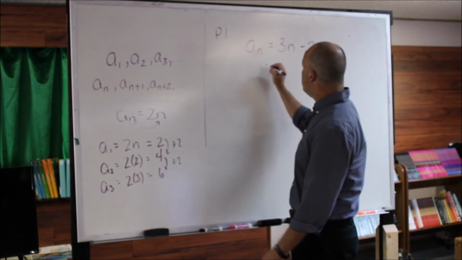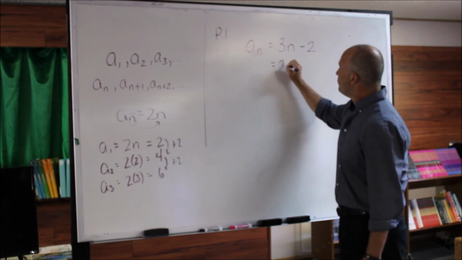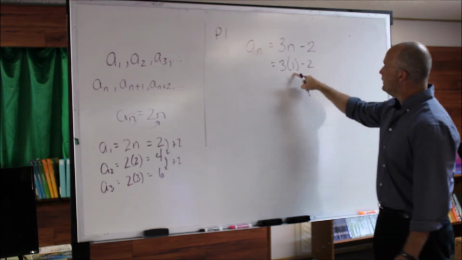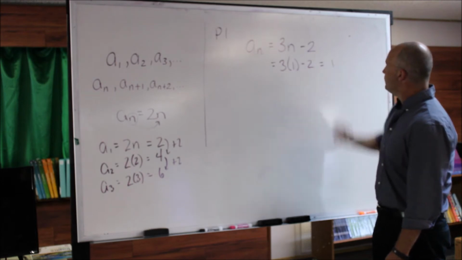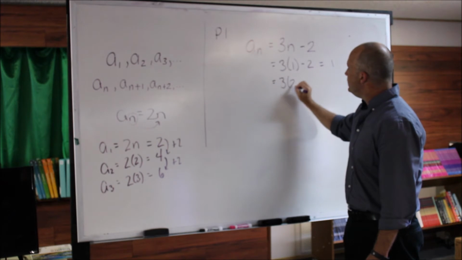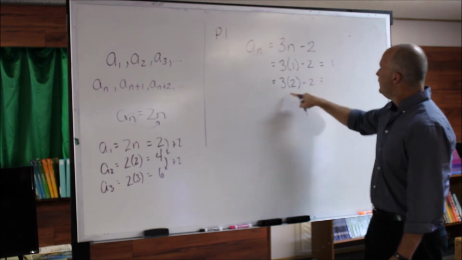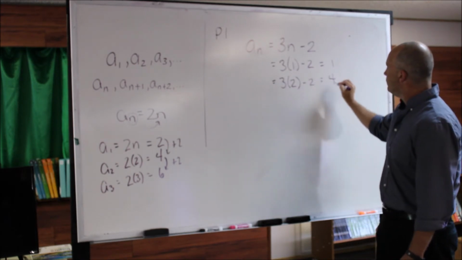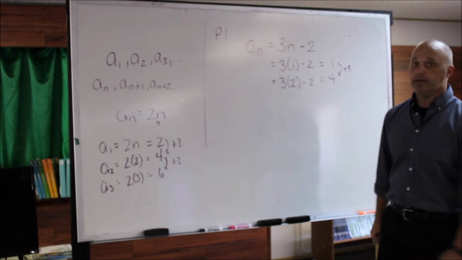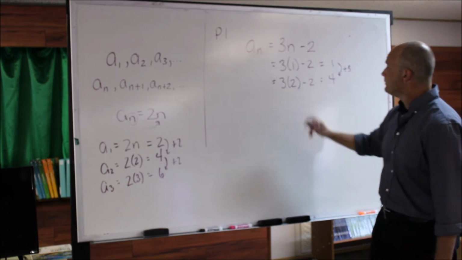So if we do a sub 1, we're going to replace this n with 1. So 3 times 1 is 3, minus 2 is equal to 1. Then if we do a sub 2, 3 times 2 minus 2, so 6 minus 2 is equal to 4. You can see going from there to there, we've added 3 units.